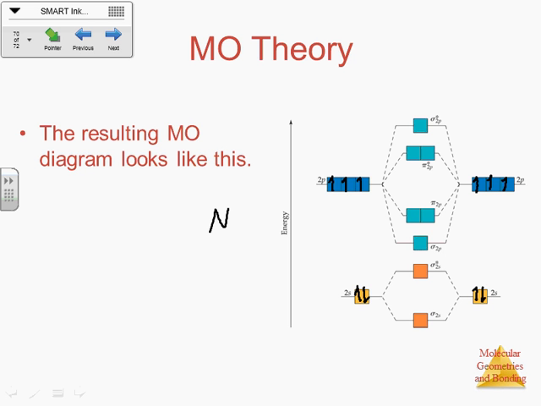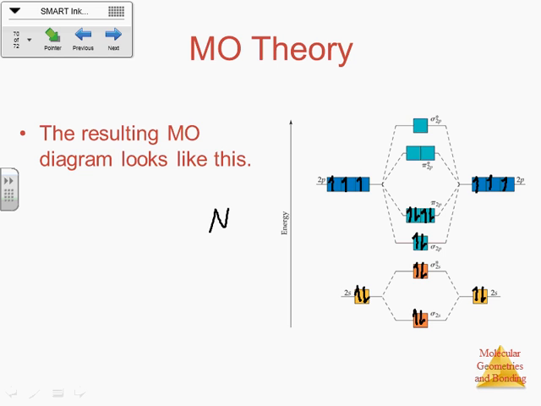So then basically you just fill this in based on the number of electrons that we have here, okay? Obviously here, this is going to be completely filled, the s bonding and anti-bonding, okay? And then you just fill from the bottom up on this one, okay? So we've got 1, 2, 3, 4, 5, 6, okay?